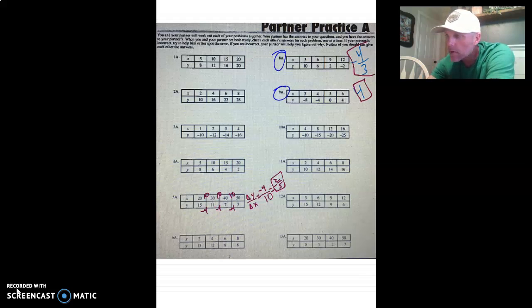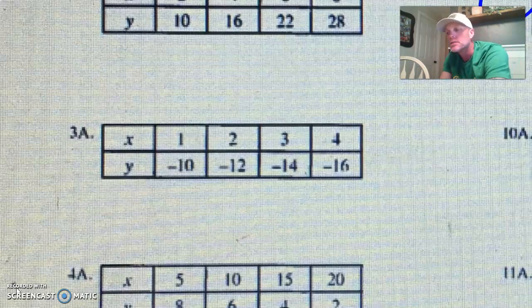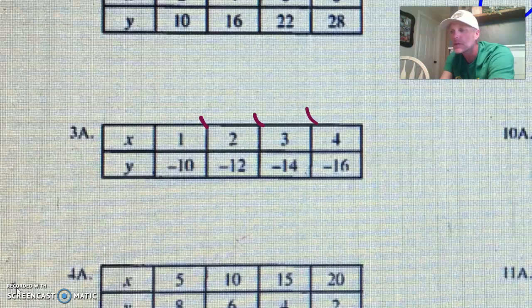Okay? I think y'all will probably grasp this pretty well. I can do another one just to help you out. I'll do another one on the left side just to see what the difference is here. Let me go to number 3, 3a. So the x is changing by plus 1, plus 1, plus 1. The y is changing by minus 2, minus 2, minus 2.